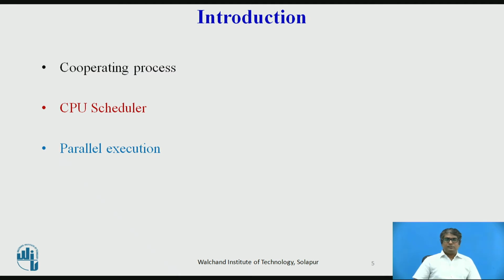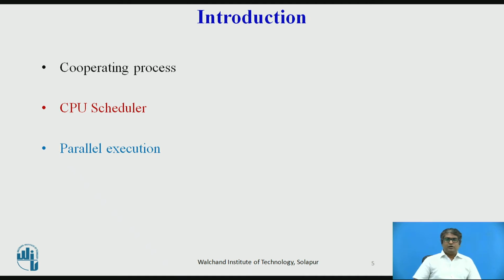A cooperating process is one that can affect or be affected by other processes executing in the system. Cooperating processes can either directly share a logical address space or be allowed to share data only through files or messages. Logical address space means both the code and the data.